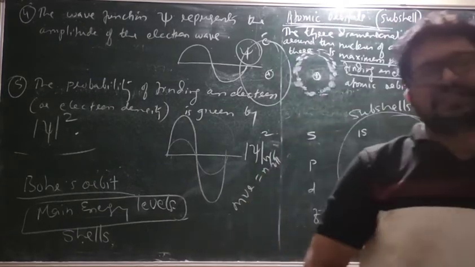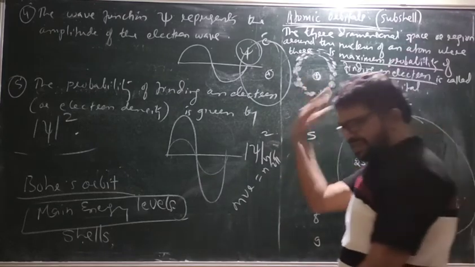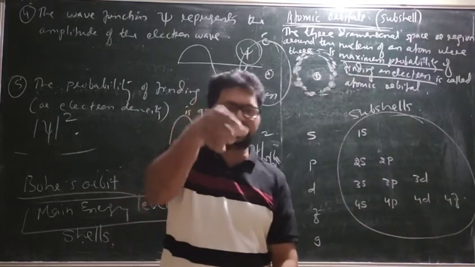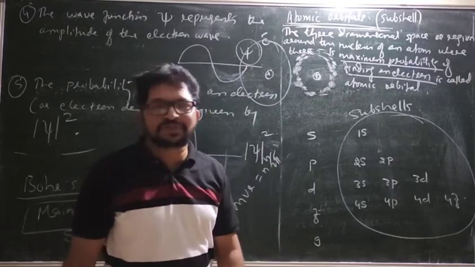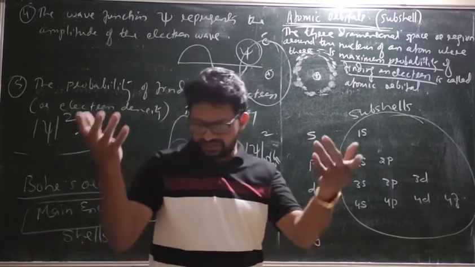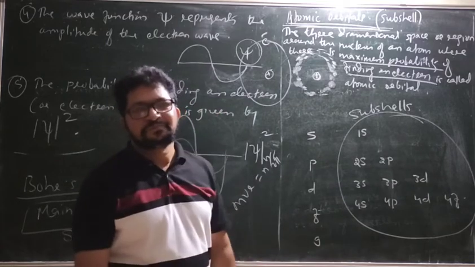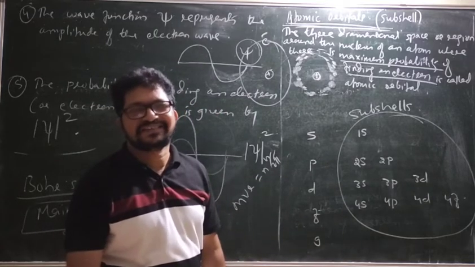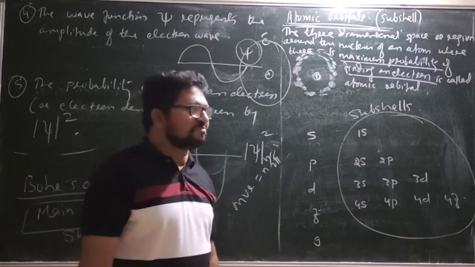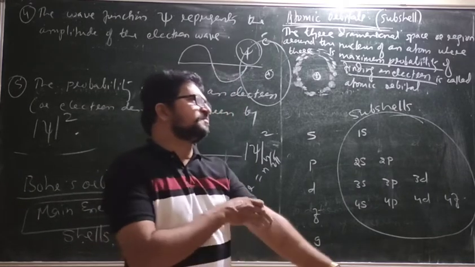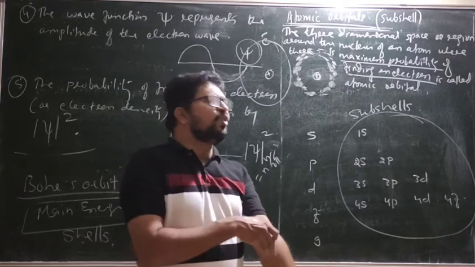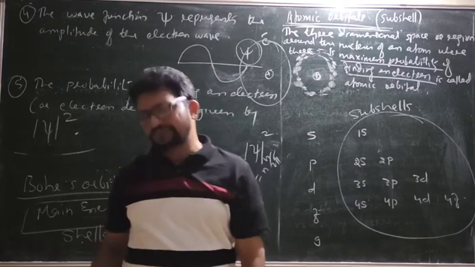Still it can be called an orbital. Your home is your orbital, because the maximum probability of finding you is at your home. Even today your home is your orbital because schools have not started. During the normal period, what is an orbital for the student? His home or his college or school.